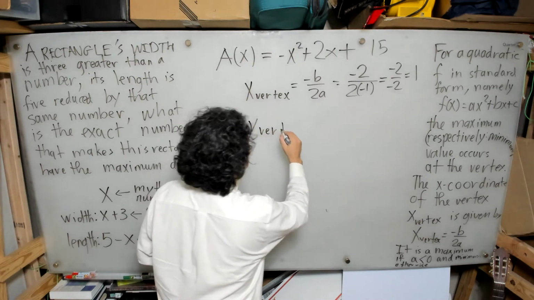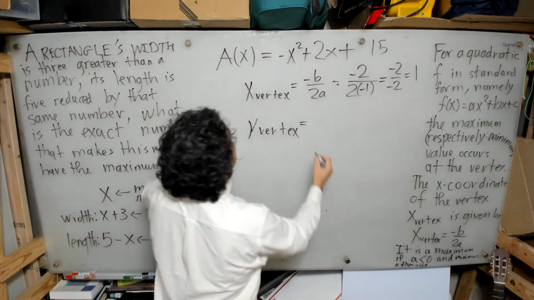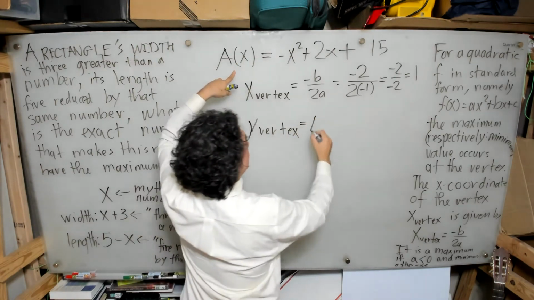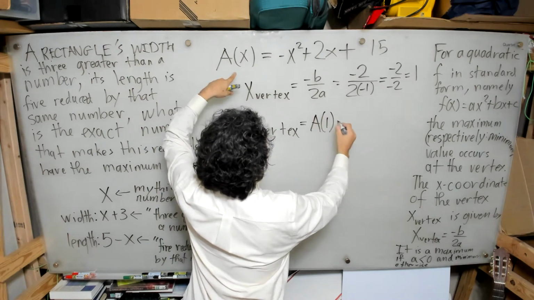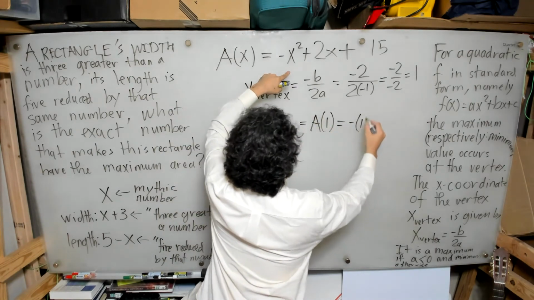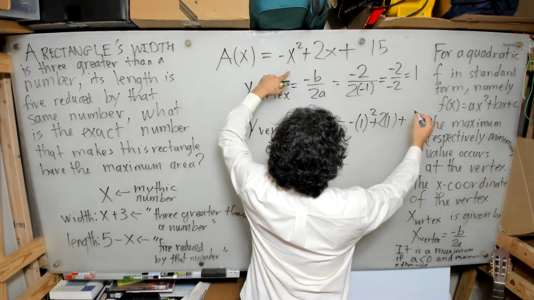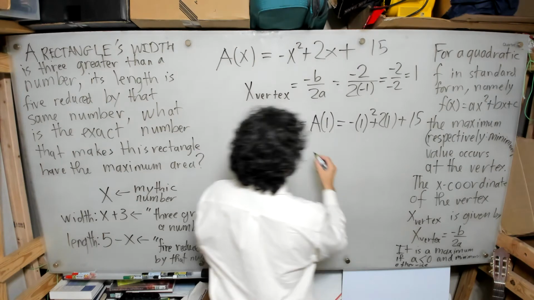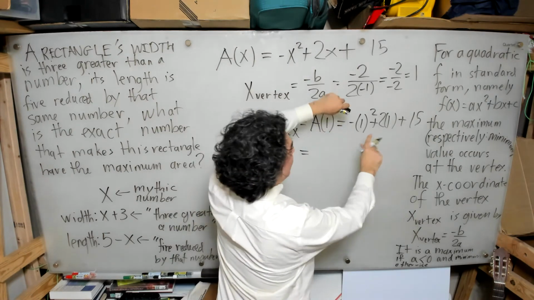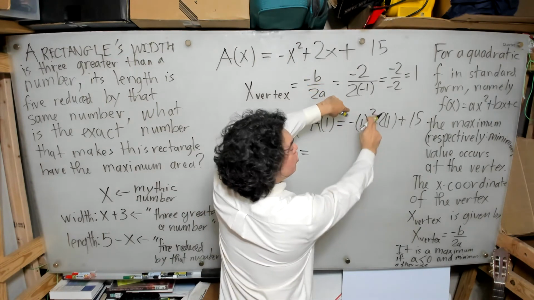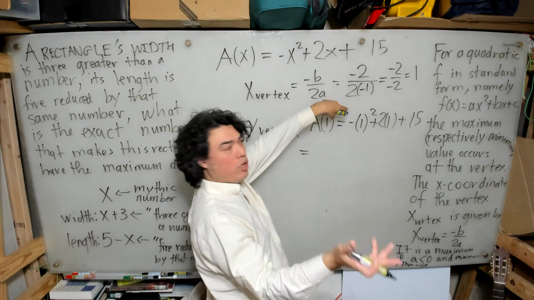The y coordinate of the vertex we calculate by plugging into our function. So in this case, a of 1. But what will that be? That'll be negative 1 squared plus 2 times 1 plus 15. 1 squared is 1 times 1, that's 1.